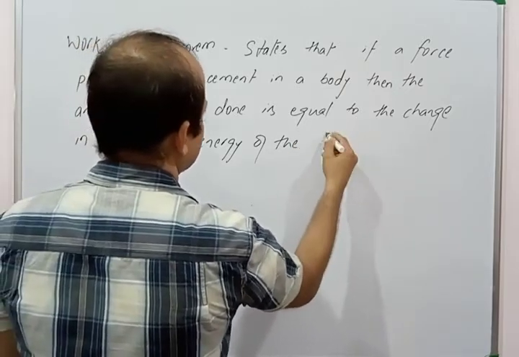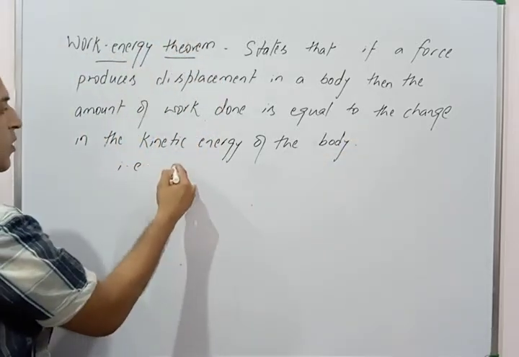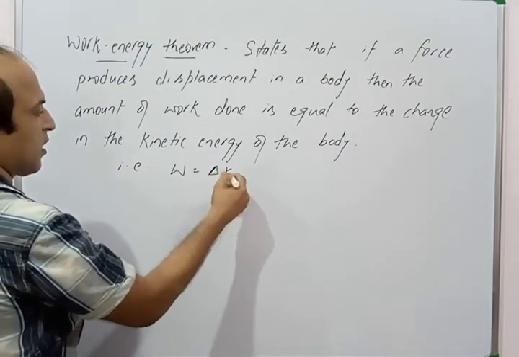See, I can write this as, that is, work done equals to change in kinetic energy delta K.